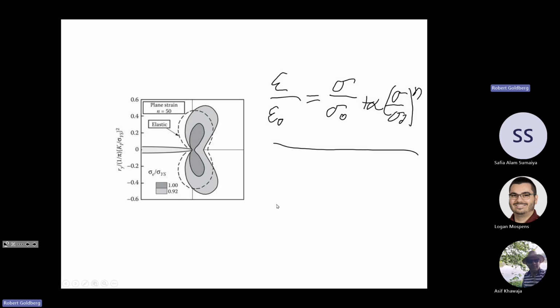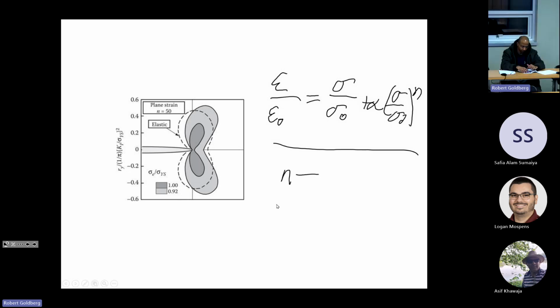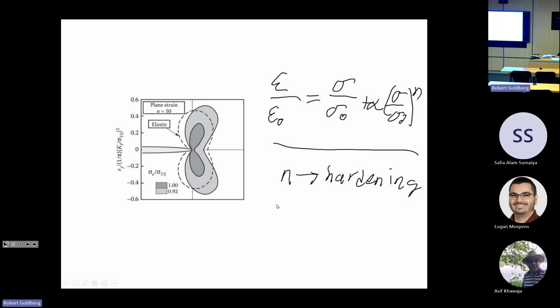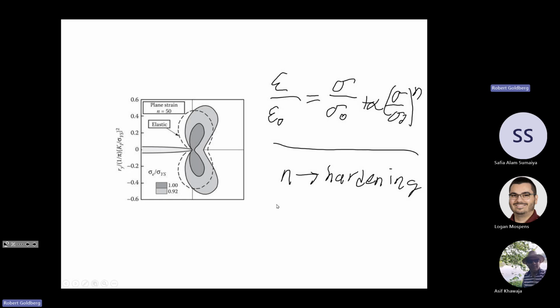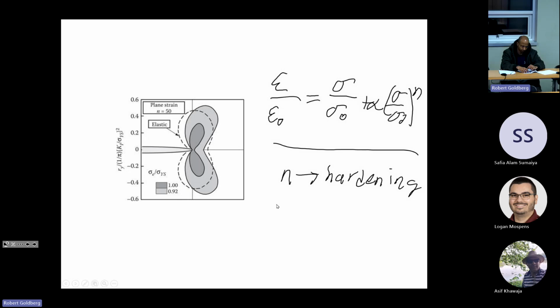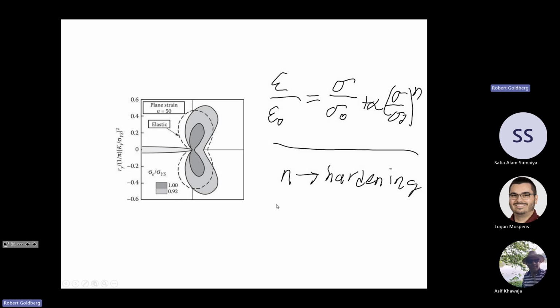And the only thing to note right now is that this n term relates to the hardening. So the higher this n value is, the closer your material response is assumed to be to an elastic plastic material. So this n equals 50 shown here is pretty close to assuming an elastic plastic material.